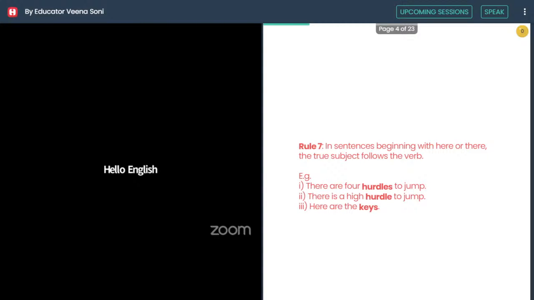I structure a sentence and I write down here. Okay, and then I say here is the pen. So what is the rule for subject and verb? That when you are using here and there, you will see here will have the verb and then it will follow the subject. जबकि हम उल्टा कर रहे थे अभी तक.